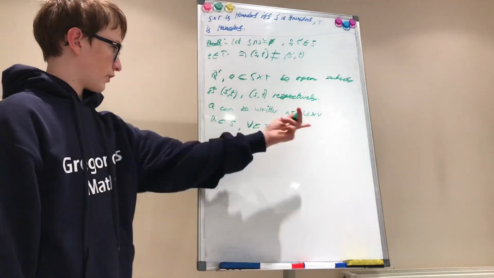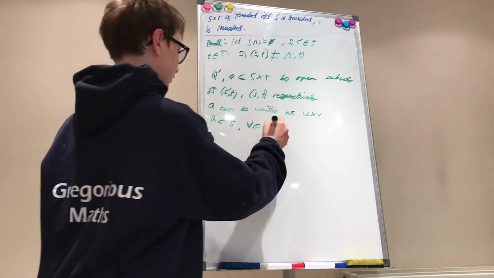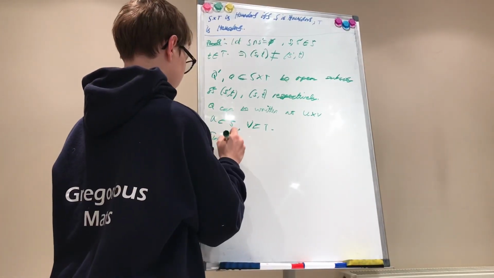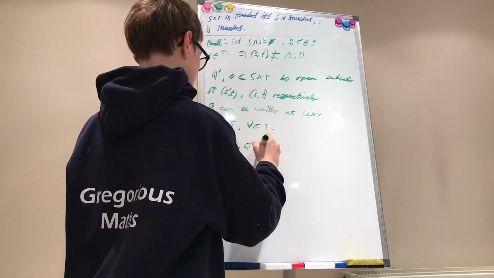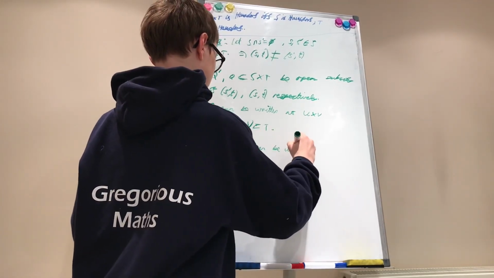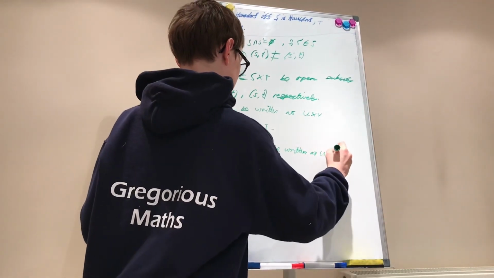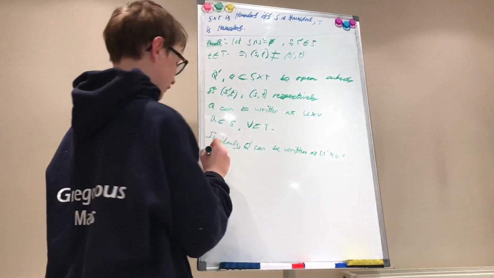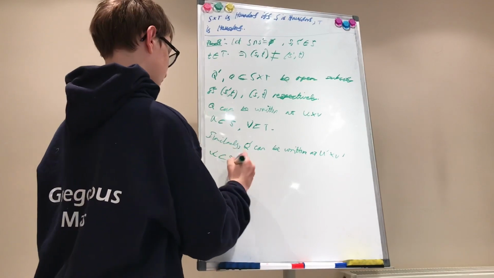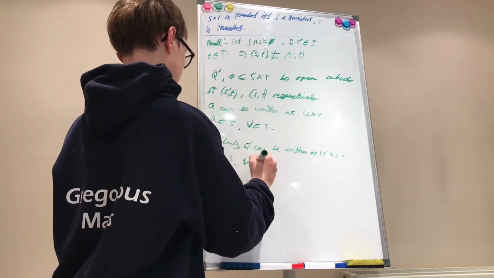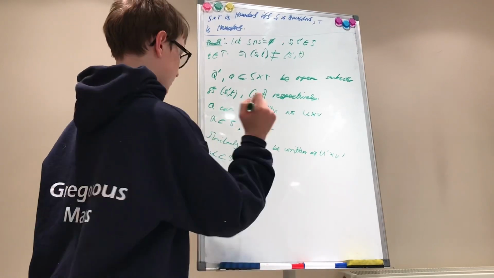So Q can be written as U cross V for some open U in S and some open V in T. Similarly, Q prime can be written as U prime cross V prime for some other U prime subset of S, V prime, subset of T. Okay?